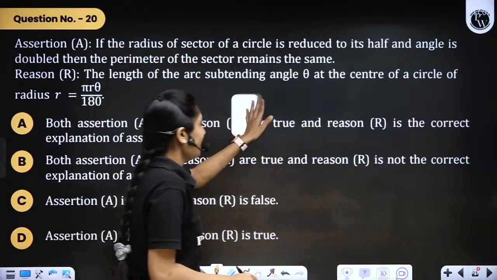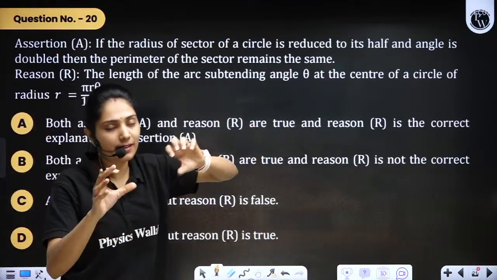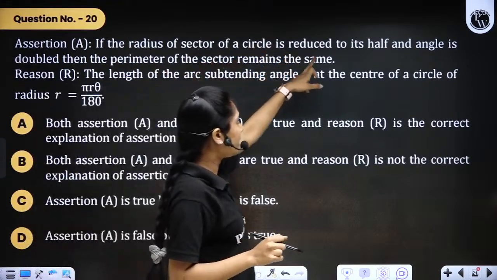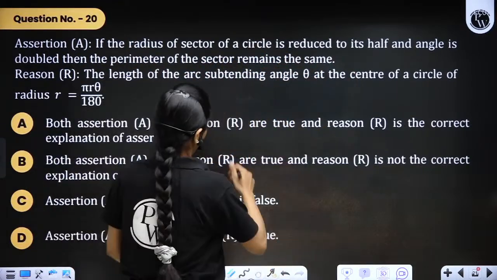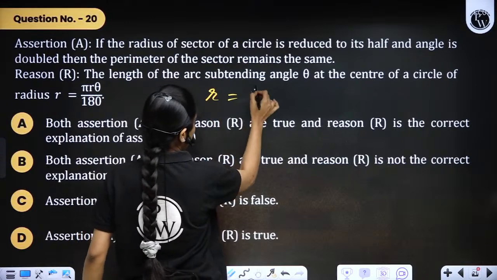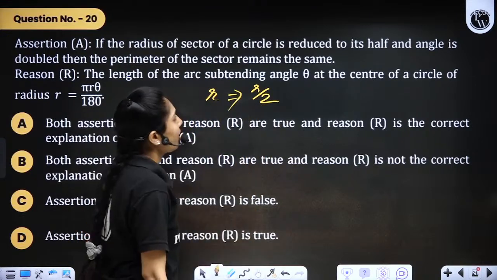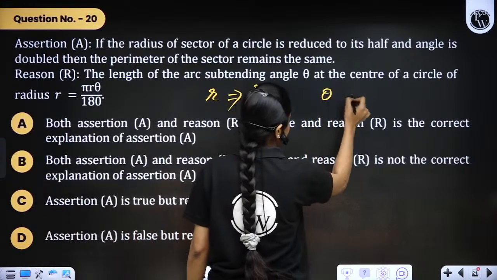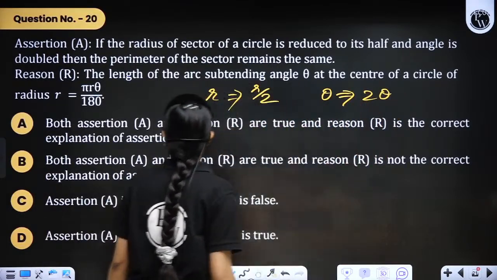Now we will have the discussion on the first one. If the radius of the sector of a circle is reduced to its half, r changes to r by 2, and the angle is doubled, theta changes to 2 theta.